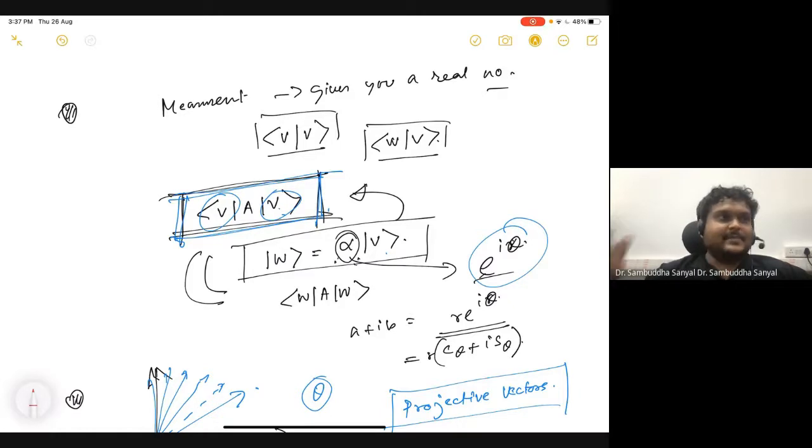Okay, so let me first tell you what it represents, and then I'll tell you why I want to think like that. It represents the act of measuring A. If you try to measure A in a state V, the number you get is this, <V|A|V>. Because a measurement must give you a number, right?